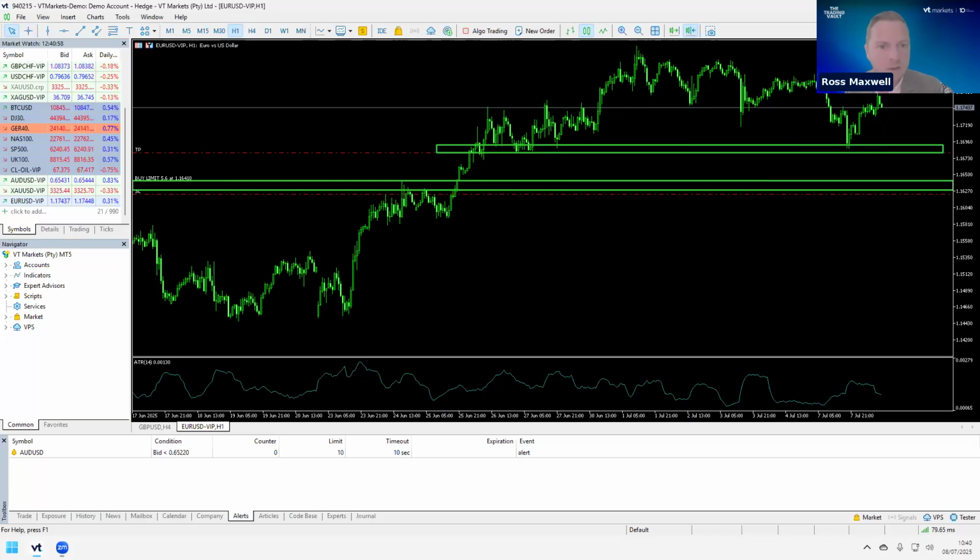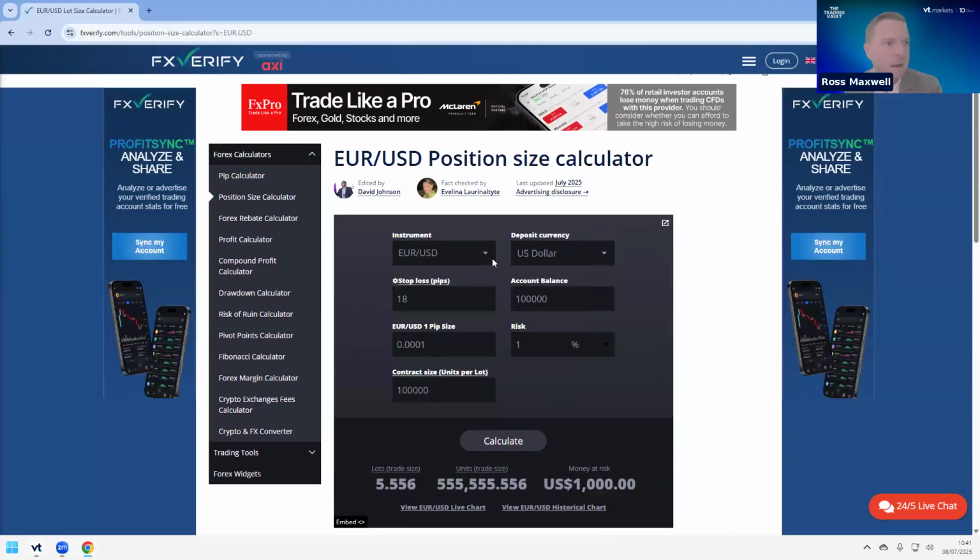Okay, so good question, Emmanuel. How do you calculate less than 1%? Very simple. On this one, and most of them will have it, where it says risk 1%, you can change that to 0.5%. If you press the calculate button, you can see that it goes to 2.8 lots. If you want to risk 0.1%, you can change that, calculate. You see you only need to put 0.56 lots in.